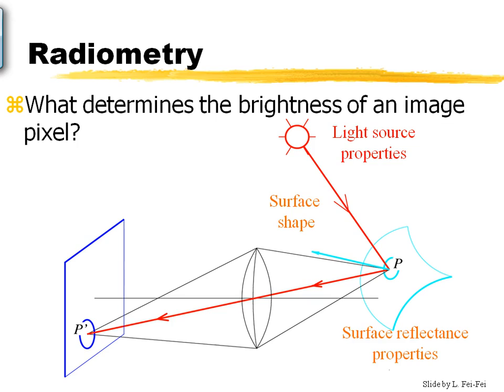We also have to understand the shape of that surface, because that's going to dictate the orientation at which a certain amount of light is going to reflect off of that surface. Obviously, we have to understand the properties of the optics. We have to understand a certain amount of characterization of the camera that we are using, more specifically the exposure, because we know that the longer the exposure, the more amount of light we are integrating. So we have to understand how that relates into this whole process.